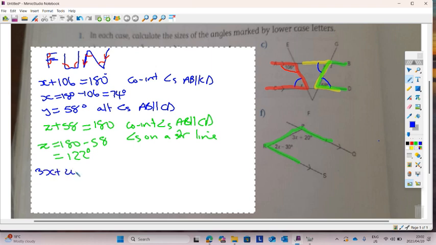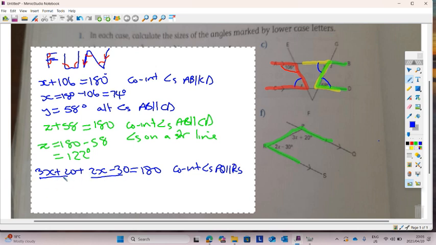So we are saying 3x plus 20 plus 2x minus 30 should be equal to 180. We have added this angle to that angle, and the reason there: co-interior angles with the parallel lines, PQ parallel to RS.